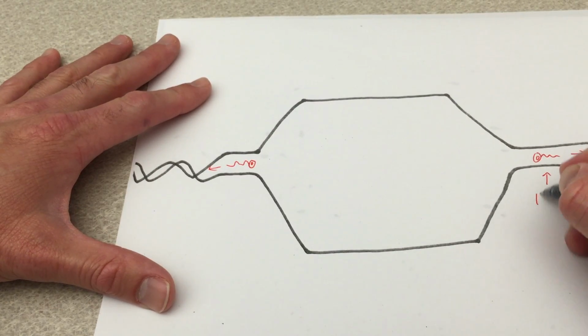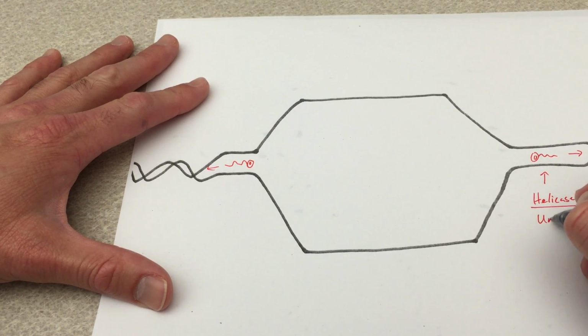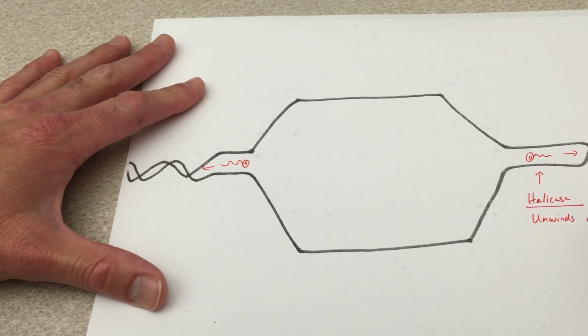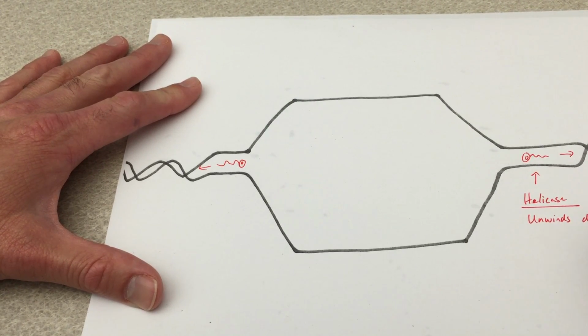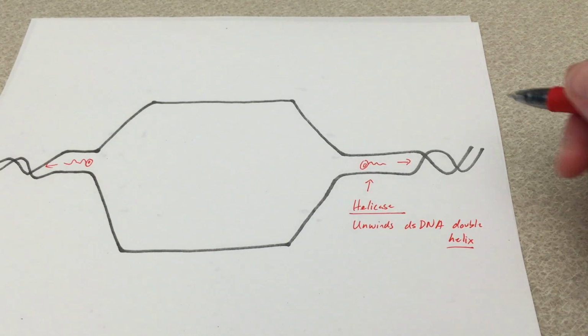And these enzymes are named helicase. And helicase unwinds a double-stranded DNA double helix. All right? So its name indicates what function it performs.